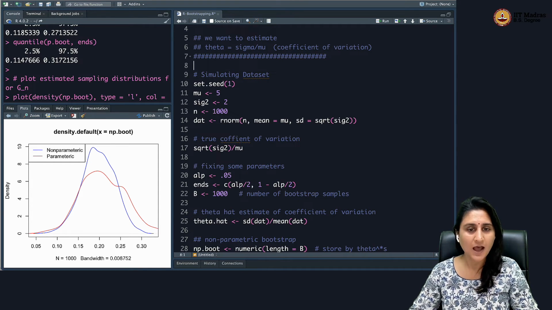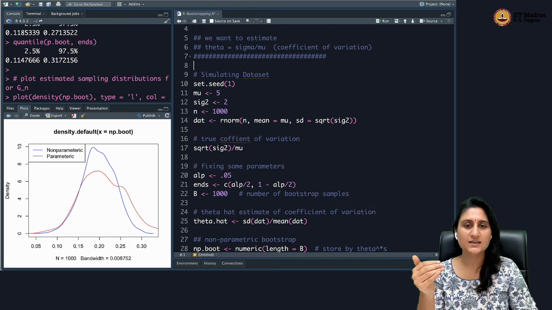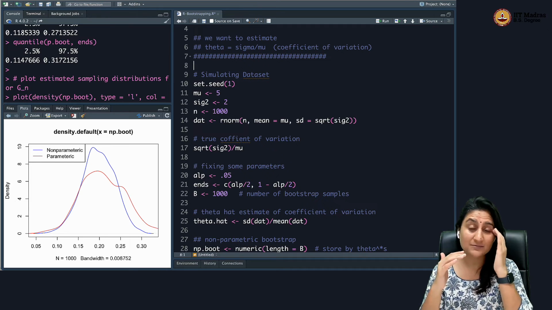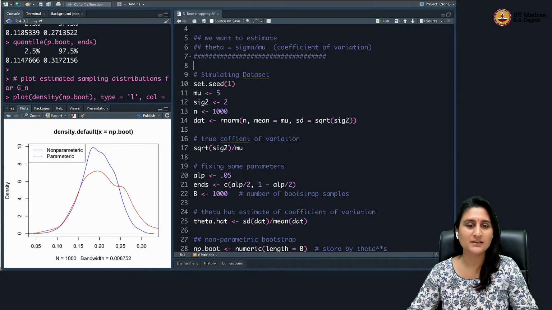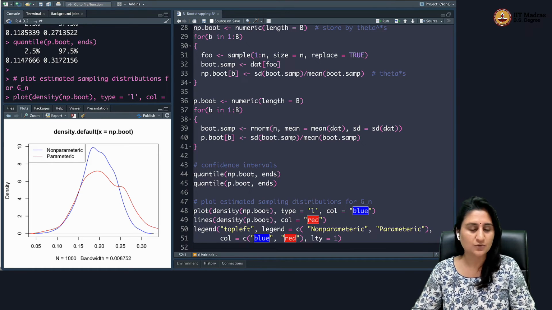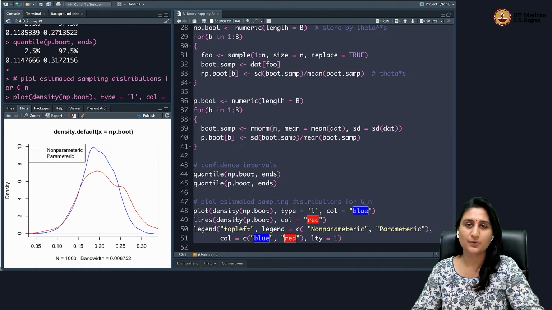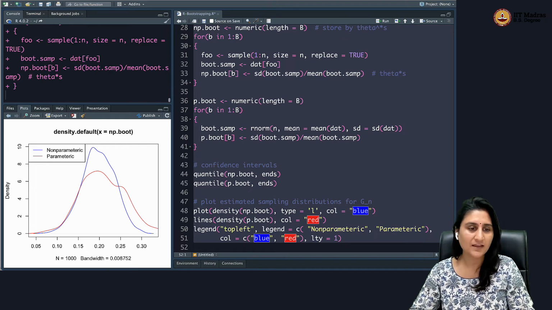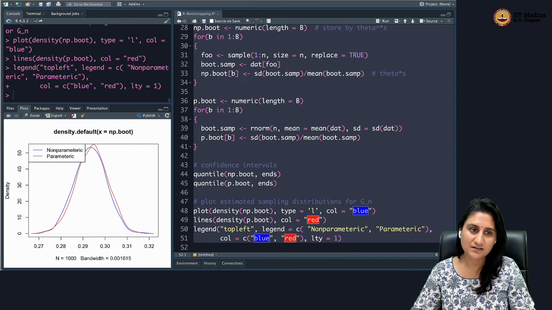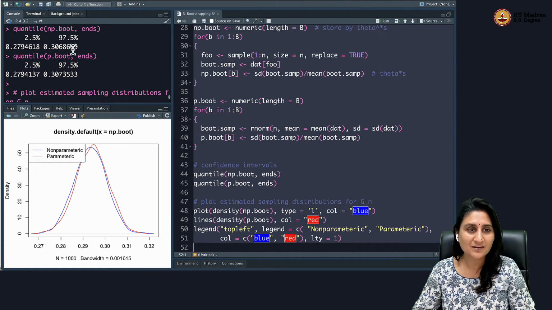If I've increased the size of my data, then the quality of estimation of theta has improved, which means my estimated theta hat should have lower variability. So it should be a much tighter sampling distribution. Right now I'm going from 0.05 to 0.35, it looks like. When I run this, it's going to take a little bit of time. But now I go from 0.27 to 0.32, and my intervals now have the truth in them as well.